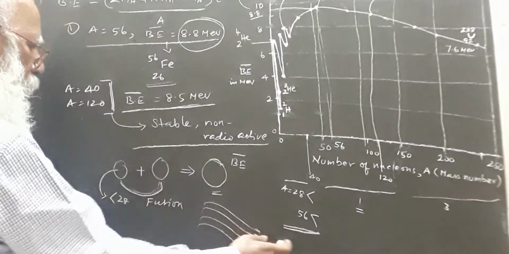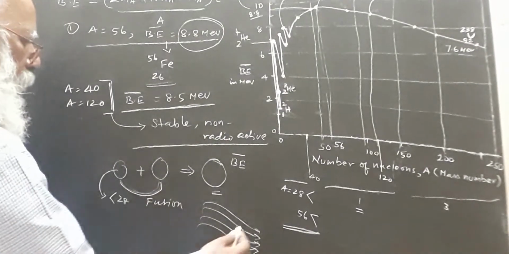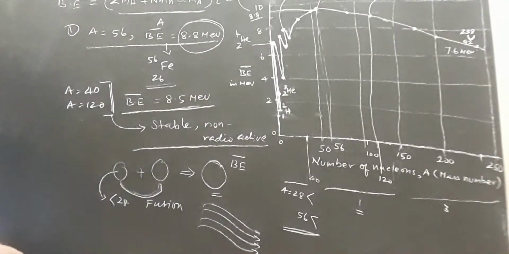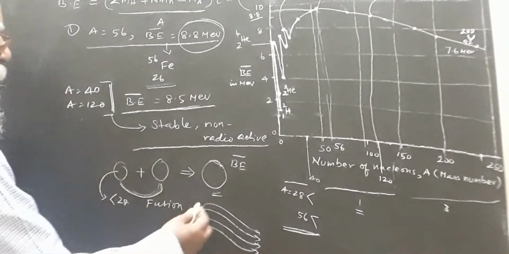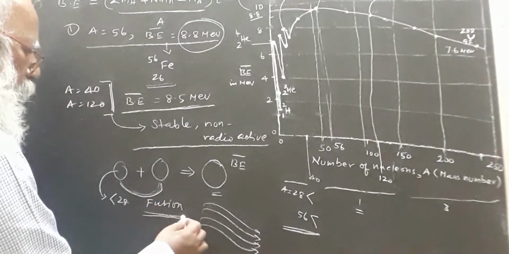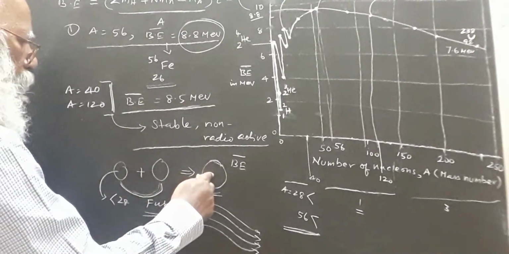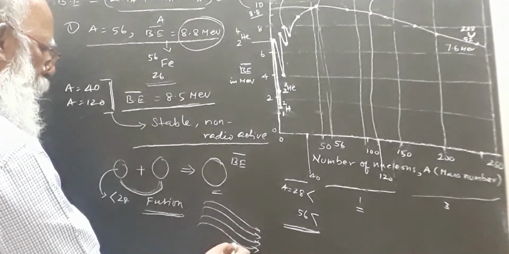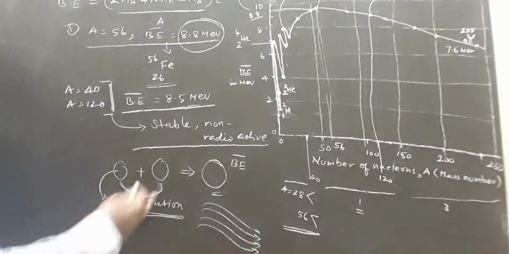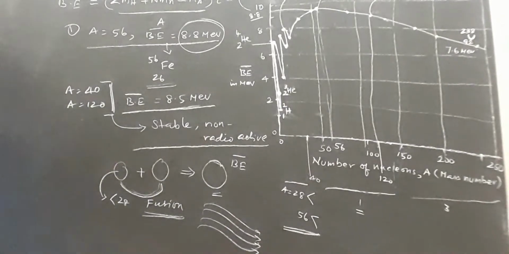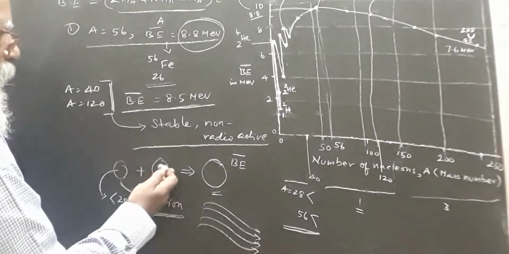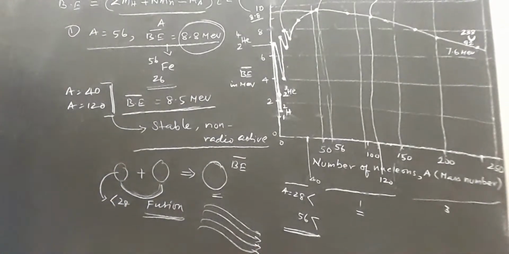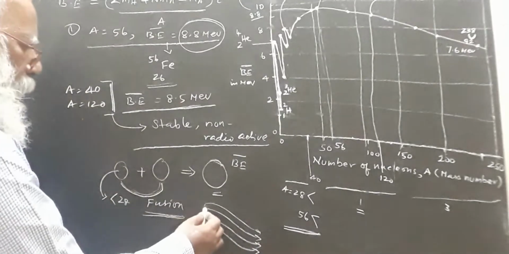That is why we get more energy emitted during the fusion process, as the smallest nuclei fuse together and form another nucleus.